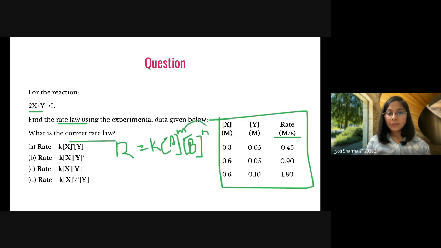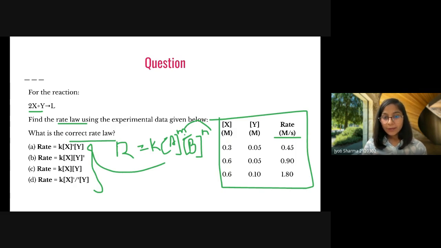And this we can calculate experimentally. This is not the coefficient, this is not 2 and 1. You have to calculate this experimentally. So how can we do this? If we know the value of m and n, based on that we can tell which option is the right one, right? So how can we calculate the value of m and n?